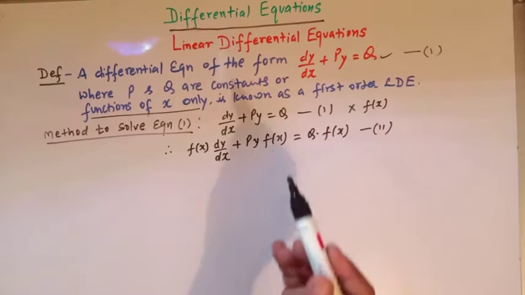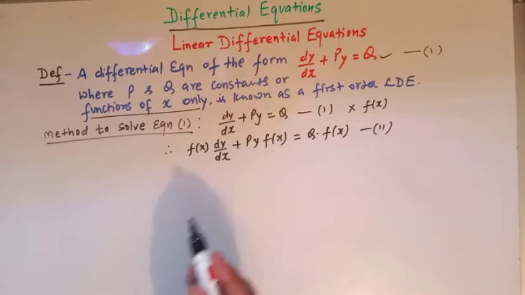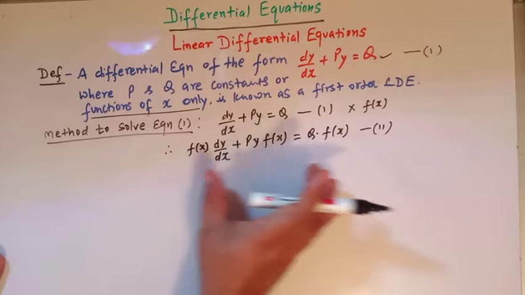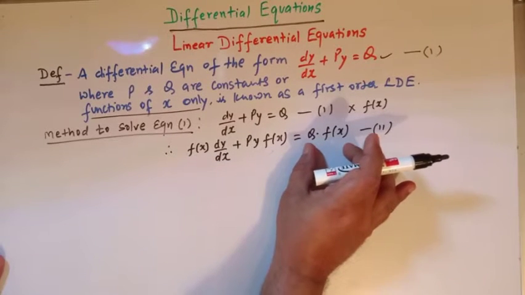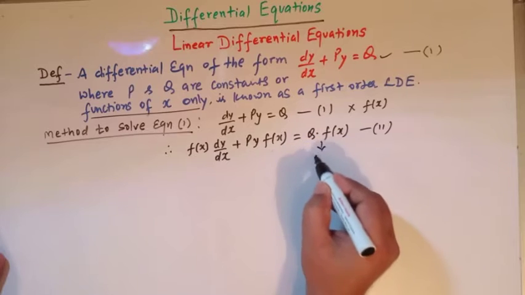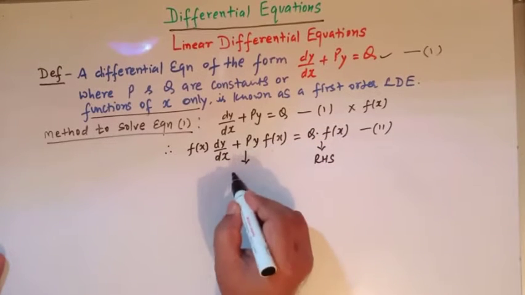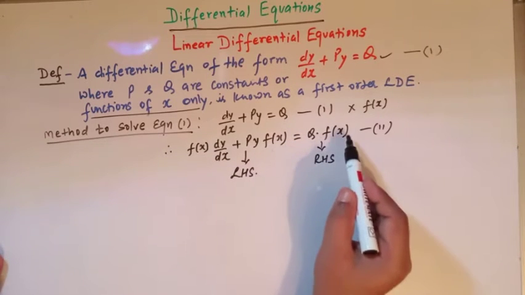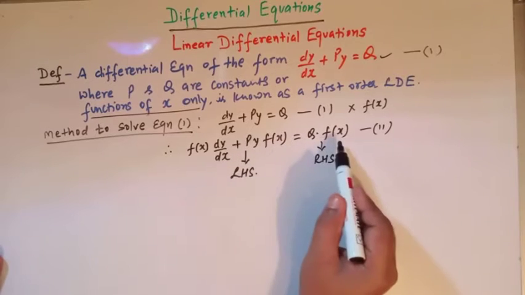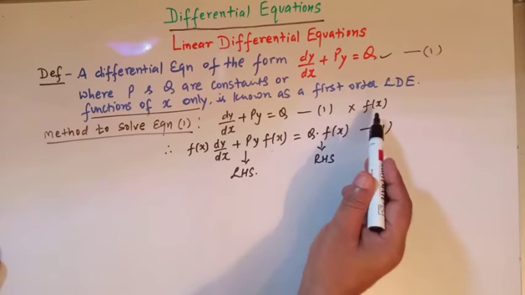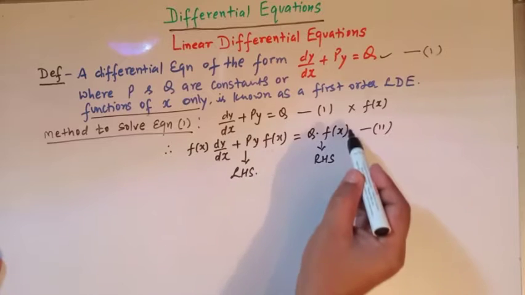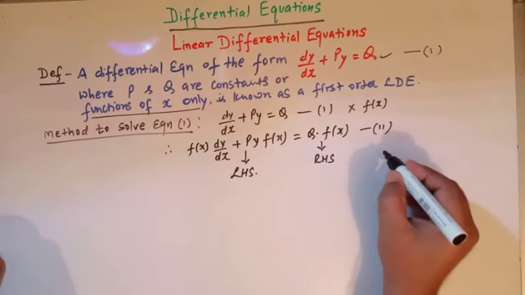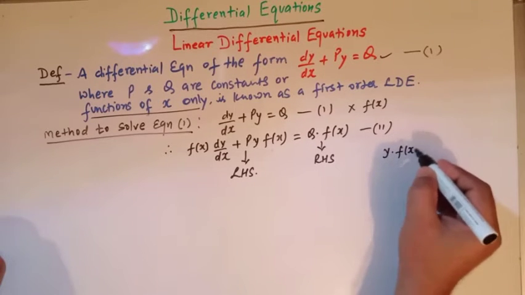Now viewers, here we have the right hand side q of fx. Clear? So this is the right hand side and this is the left hand side. Now if we want to express this fx in such a manner that this left hand side becomes a derivative of y times f of x.